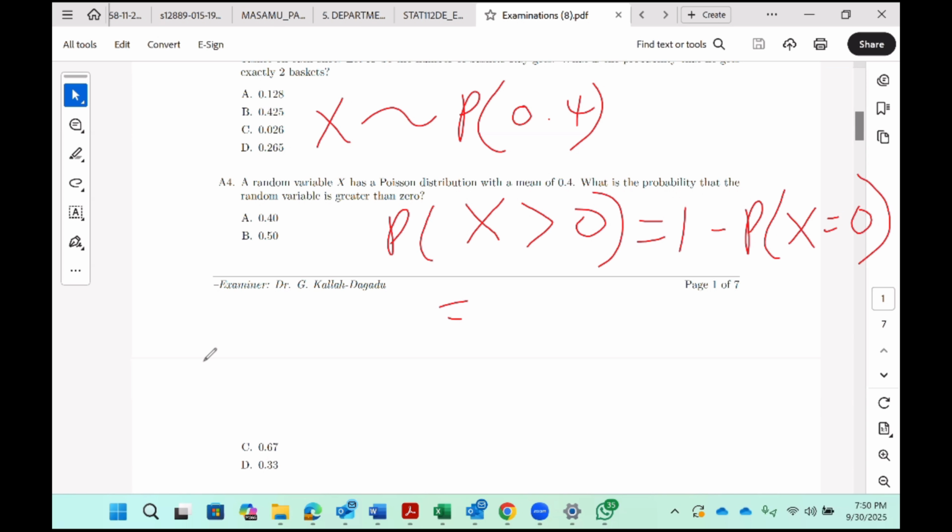So we are going to have what? 1 minus, our Poisson has lambda 0.4 to the power 0, e to the power minus 0.4 over 0 factorial. So this will be 1 minus e to the power minus 0.4 over 1. So what will be your answer? Kindly calculate that.